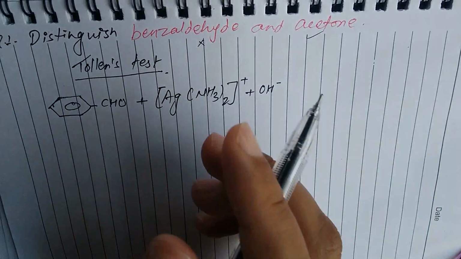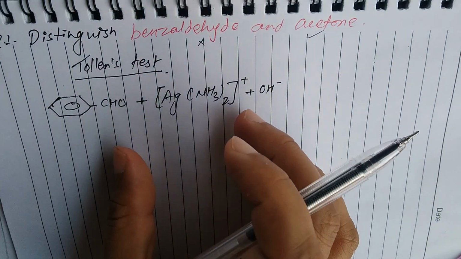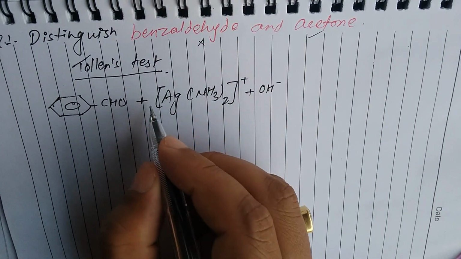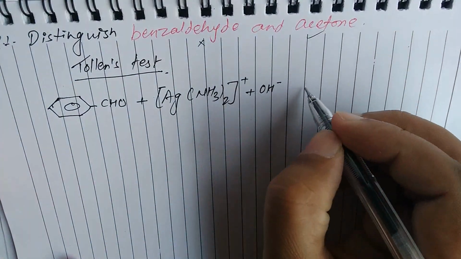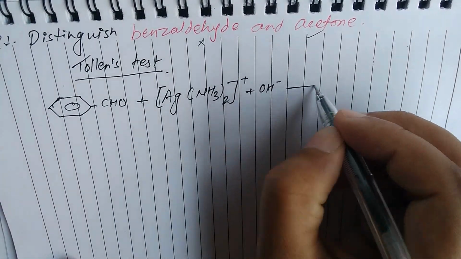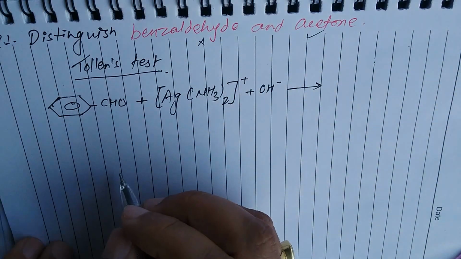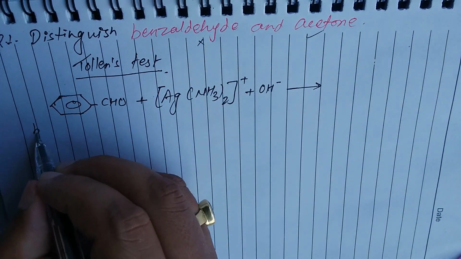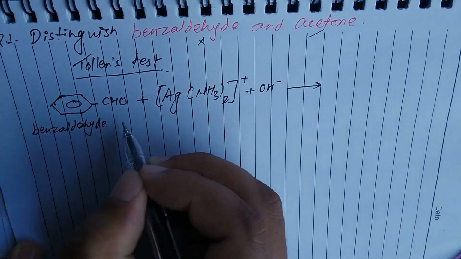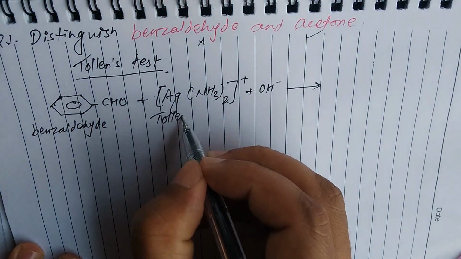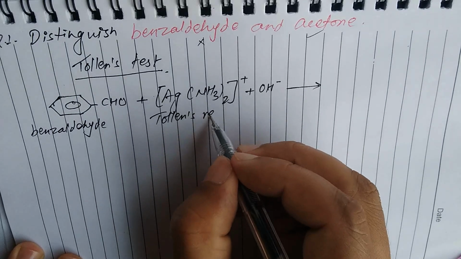If we want a valence, we have to use that same 2 and 3 in this Tollen's test. Here what is the product formed? Let us write here benzaldehyde. This is benzaldehyde, and this is Tollen's reagent.